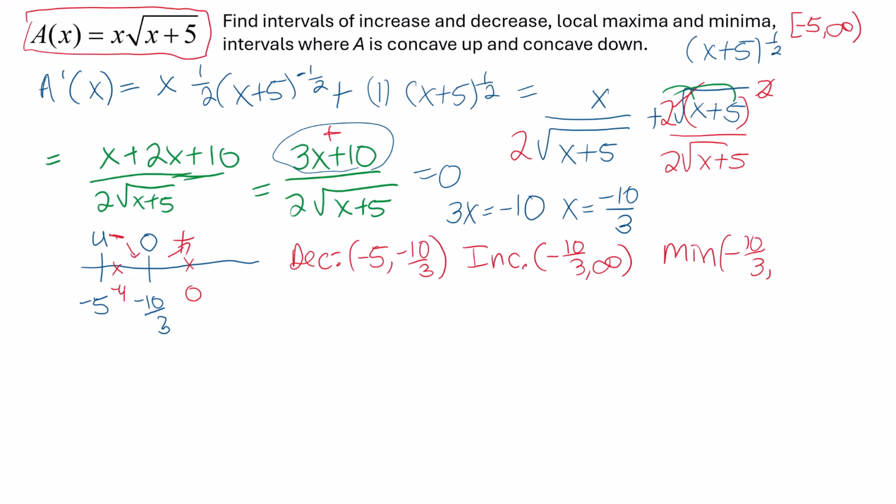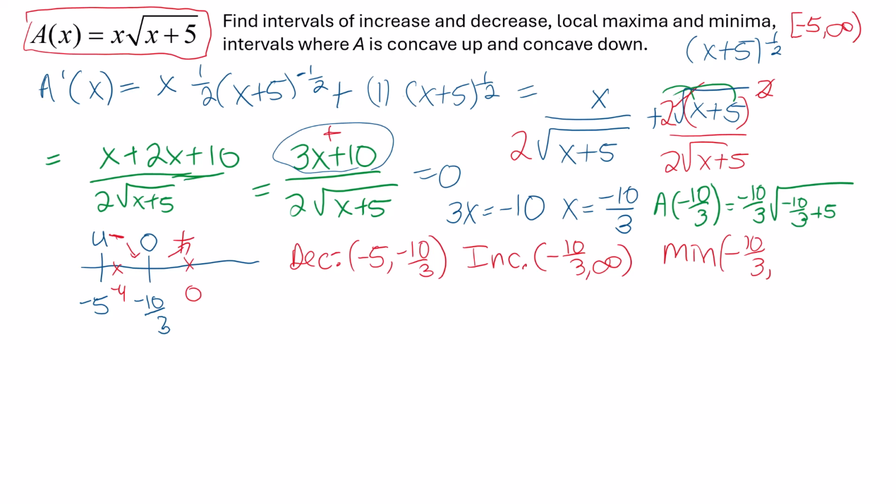All right, so I'll just plug it in right here. So I'm going to put in -10/3. So we've got -10/3 times the square root of -10/3 plus 5. And we can work underneath the radical to get a common denominator.